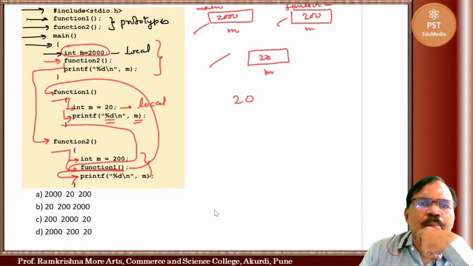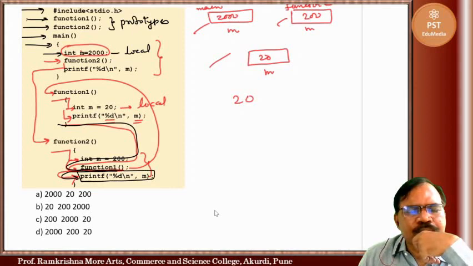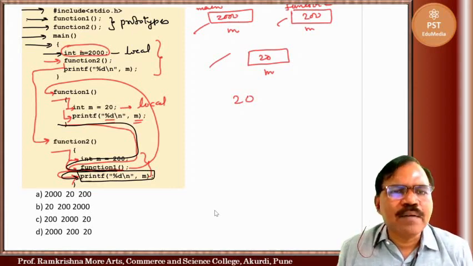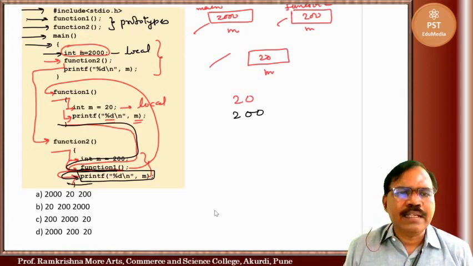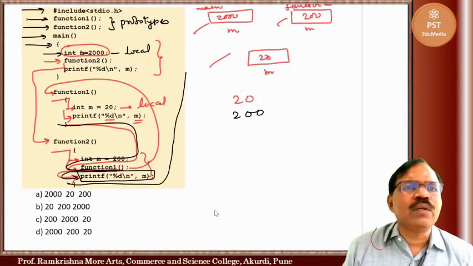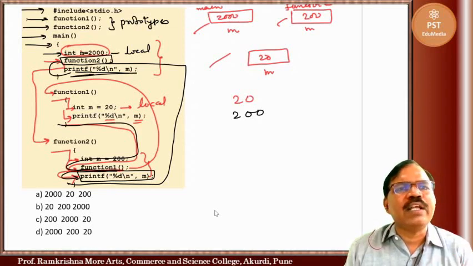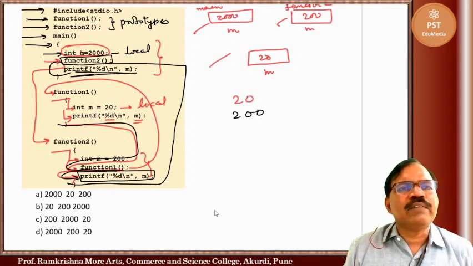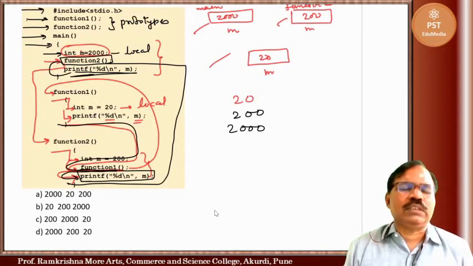From this point the function will go to the calling point and then it will go here. So this one will work. And what is m there? M is 200, so 200 is printed, and then it will come out of the function and go to main at the calling point and then the printf statement. So it will print the value of m in that function. What is the value of m in that function? It is 2000.